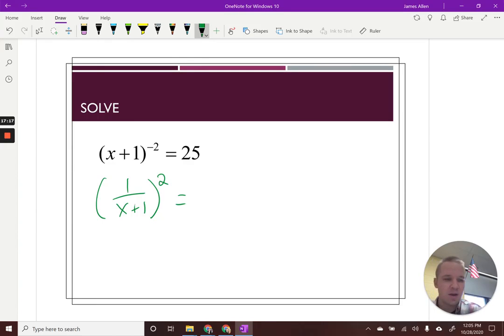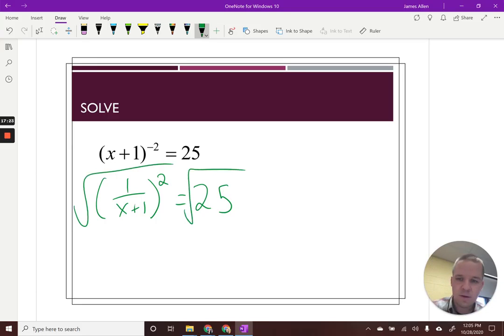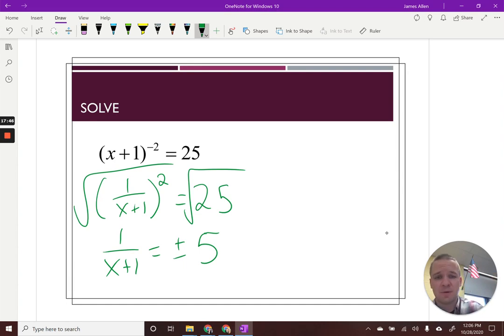And then either I could write that as 5 to the second, or what we might be seeing here is that I'm going to take the square root of both sides, and I will have 1 over x plus 1 is equal to plus or minus 5, right? When I take the square root, I have to do a plus or minus when I'm solving, due to what we talked about before. So now I'm going to set up two separate equations.